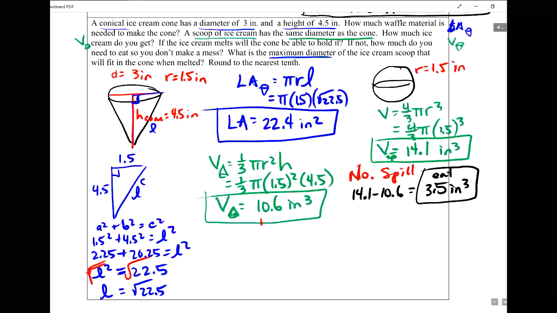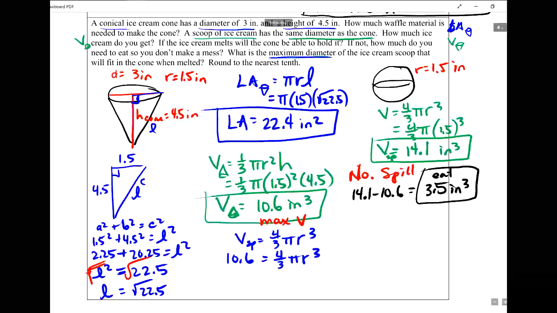This is going to be our max volume. So we are going to take that, and we know that the volume of a sphere is 4/3 pi r cubed. Our maximum volume is 10.6, is 4/3 pi r cubed.